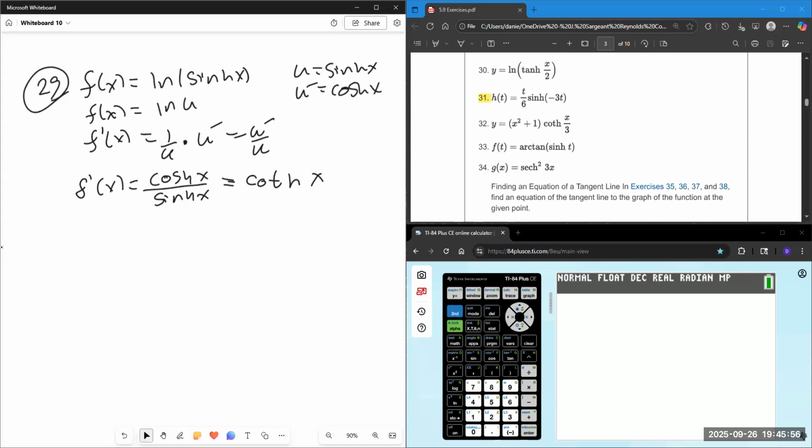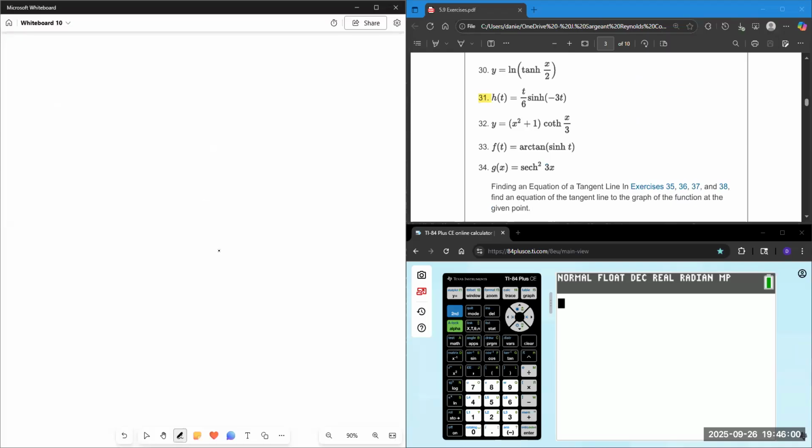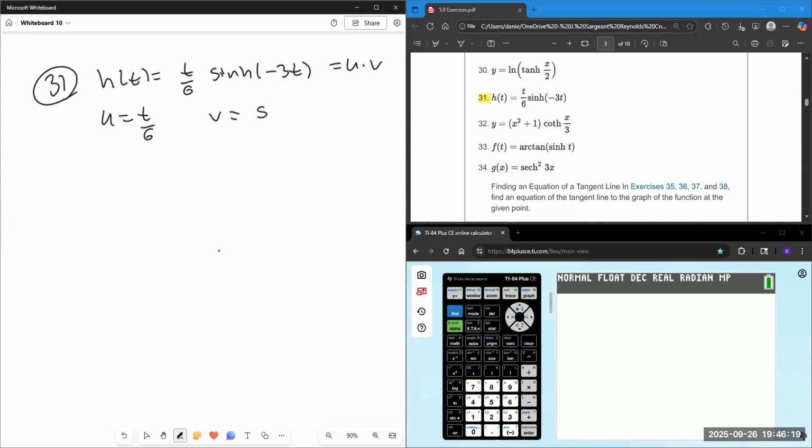Let's look at 31. H of t is equal to t over 6 times sinh of negative 3t. So this is u times v, where u is equal to t over 6, and v is equal to sinh of negative 3t.